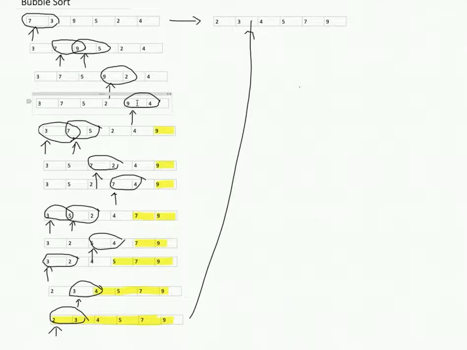Then we switched the pointer back to the first element and went from the 0th index to the 3rd index. Then we switched again to the first element and went from the 0th index to the 2nd index. Then we switched back.